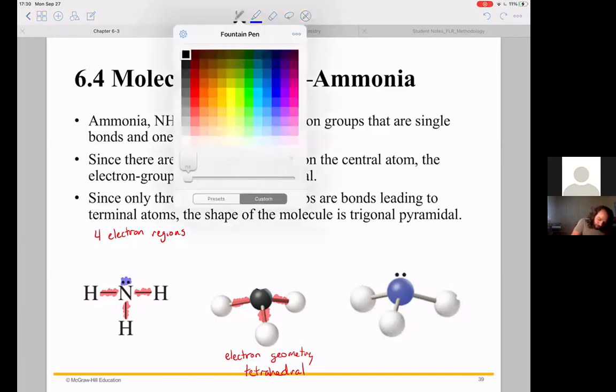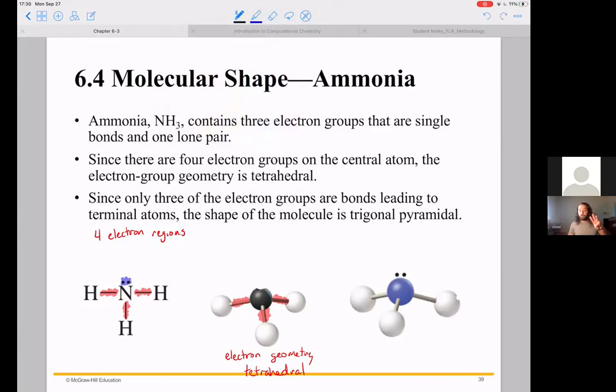We had to learn 3 new words for the geometries last lecture. We're going to have 2 more to learn. This is what's called a trigonal pyramidal geometry. So the electron geometry of ammonia is tetrahedral, but the molecular geometry is trigonal pyramidal.